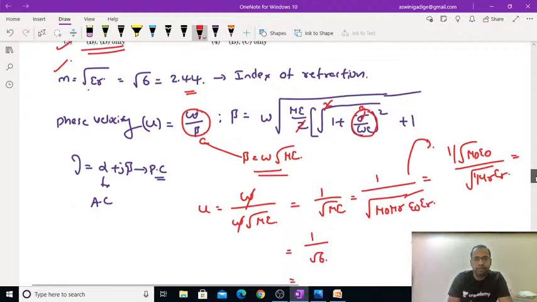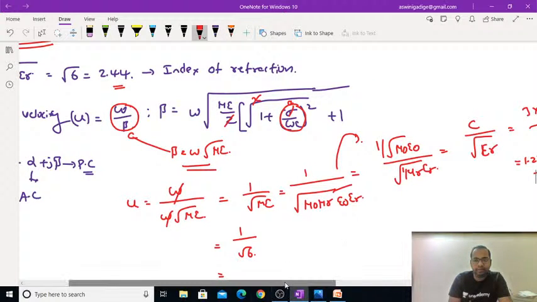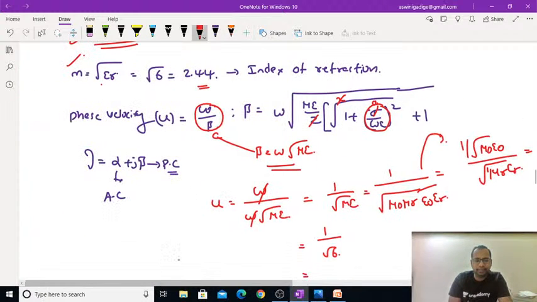And then coming to the phase velocity, omega divided by beta, you have to know this beta formula. For the lossless dielectric medium, the conductivity becomes equal to 0. So by substitution, we will get finally like this. Okay, so shall we go to the next question, guys? Is it clear?